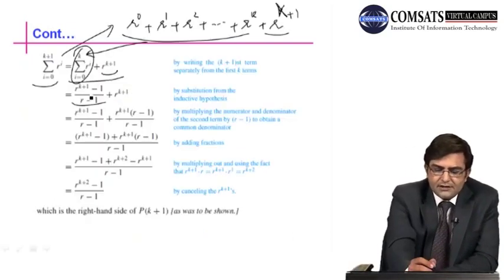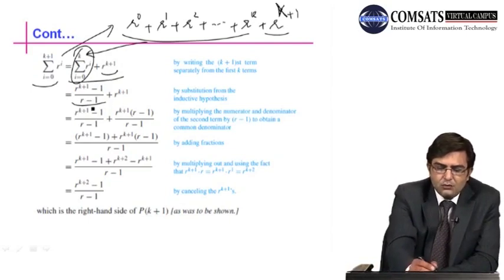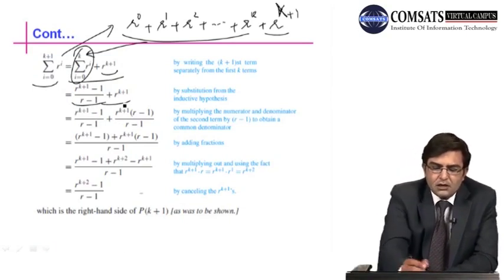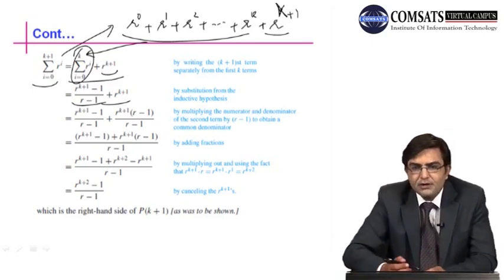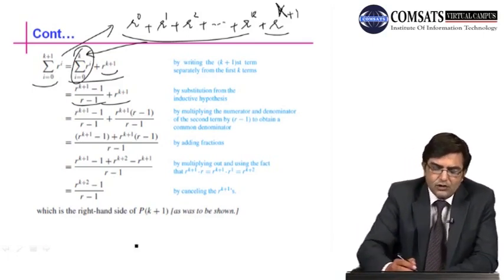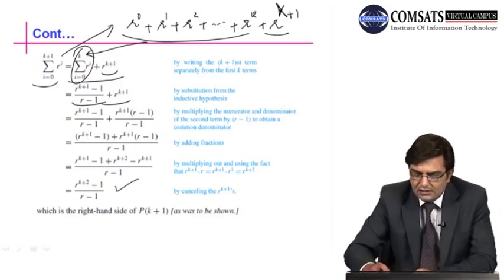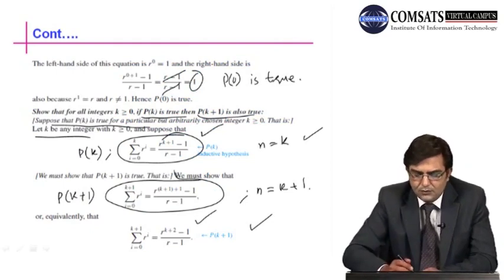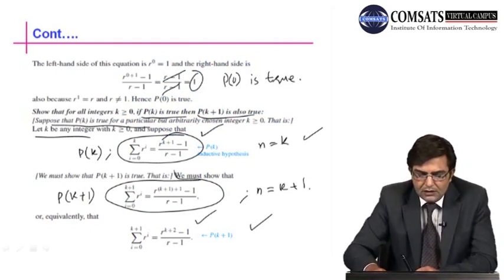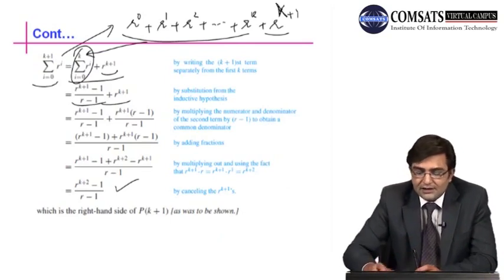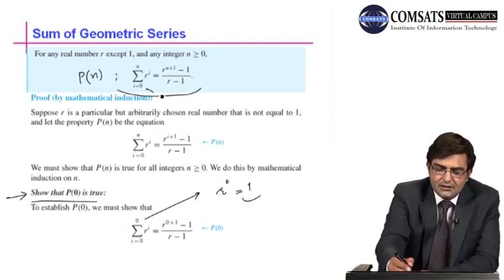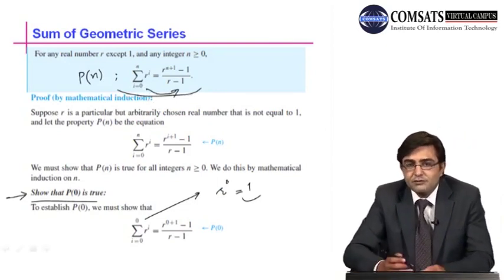So we have written this is equal to this, and now by taking the LCM of these two terms, which is r minus 1, we obtain this, and after simplifying by doing some simple algebra and fractions, we arrived at this, which is the right hand side that has to be proved. So we have proved by mathematical induction that this sum of the geometric series is equal to this. So we have proved it.